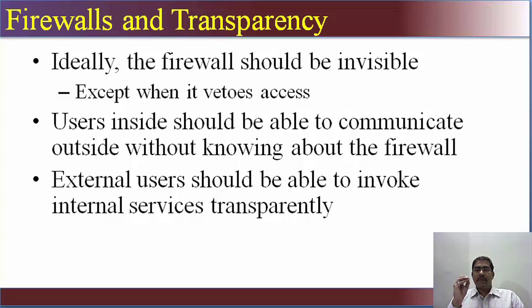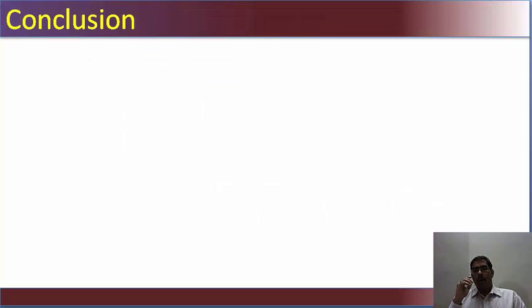External users should be able to invoke internal services transparently. Now, the important thing to remember is that when we talk about external users, it is external authorized users who want access into the network. It does not mean all external users, only the external users who have a need within the network.